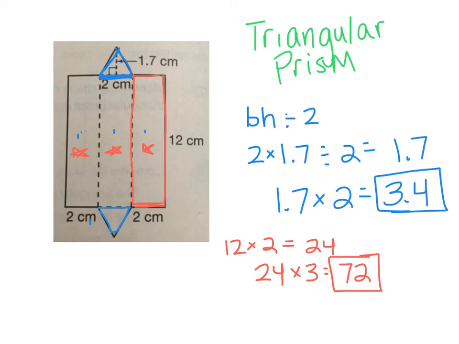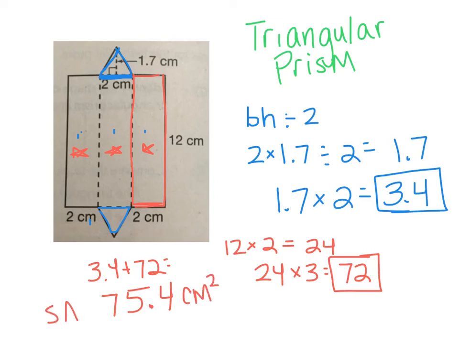Okay, and then we want to add 3.4 and 72. And that would give us 75.4 centimeters squared as the total surface area.